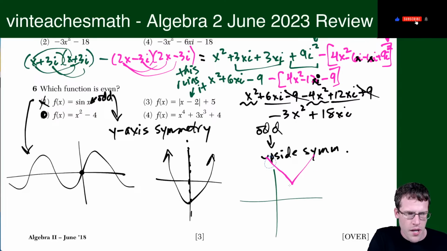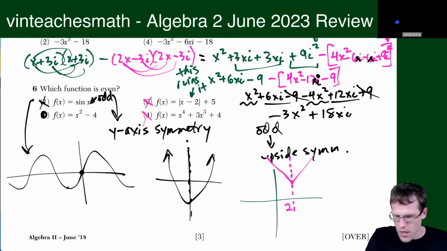So you see it doesn't have y-axis symmetry. It has x equals 2 symmetry. If we want to be really cool here, we could say at x equals 2 we have a line of symmetry, but that's not the y-axis. So that's gone. And then this, use a calculator. That's not it. Choice 2.